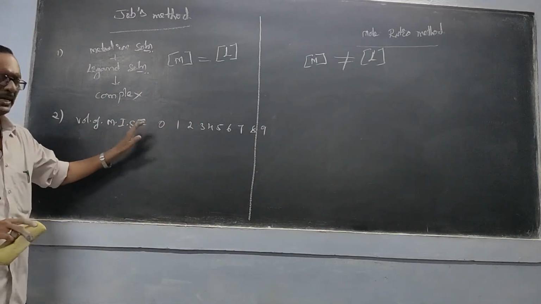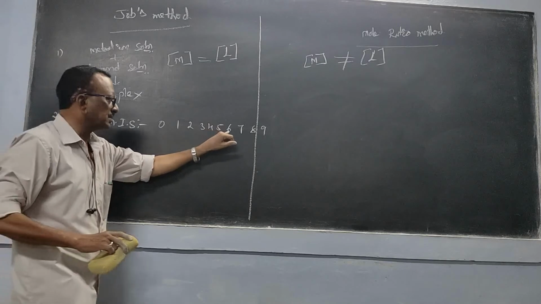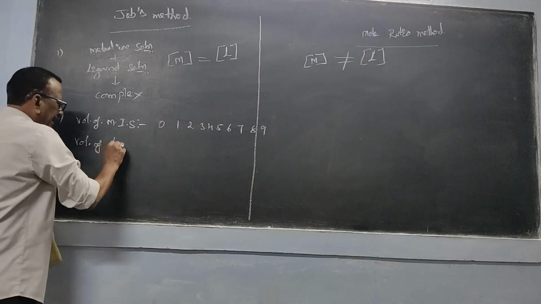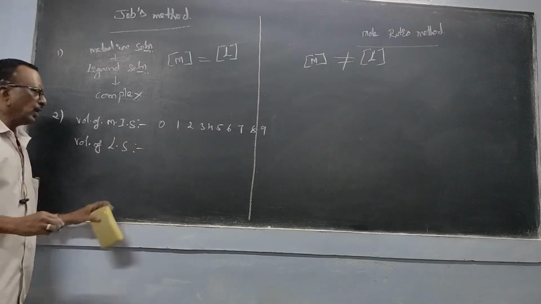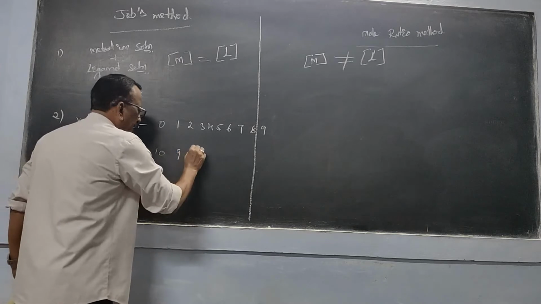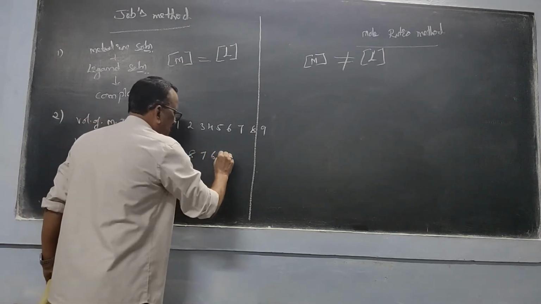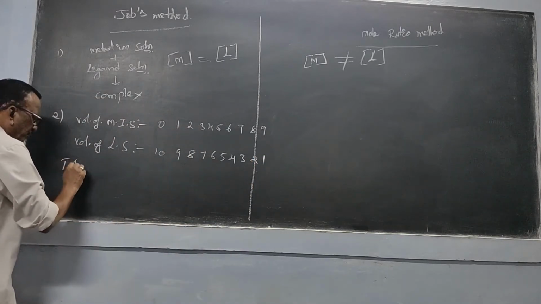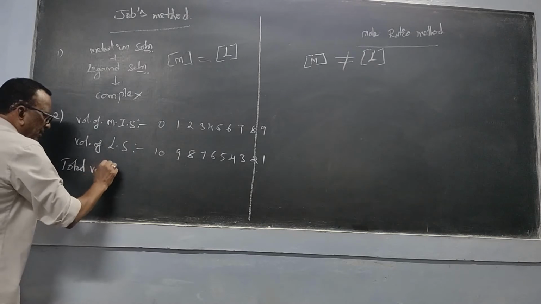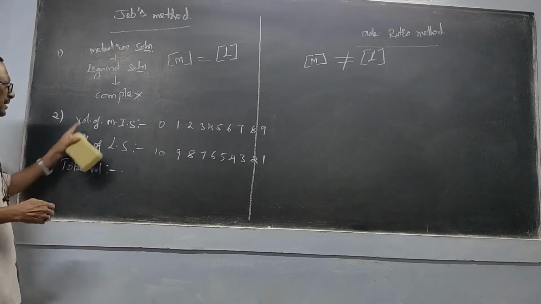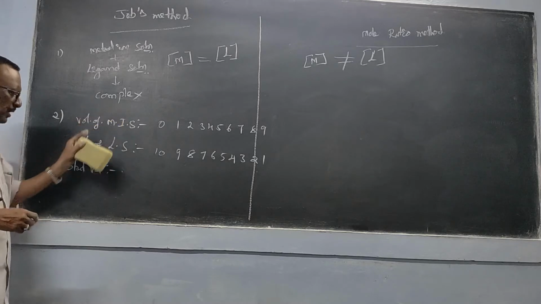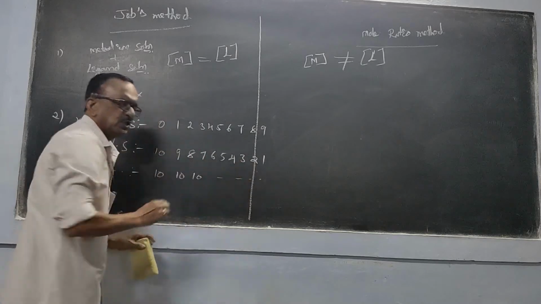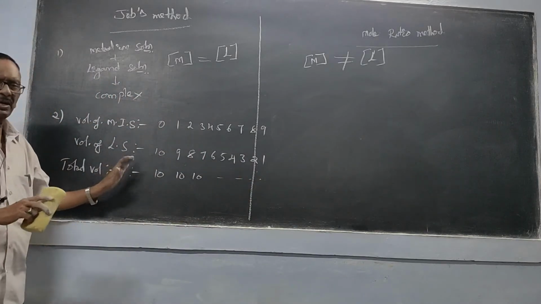Now the volume of ligand solution will be 10, 9, 8, 7, 6, 5, 4, 3, 2, 1. Now the total volume, which constitutes the complex solution, will be the same, that is 10. So we are preparing 10 ml of a solution.